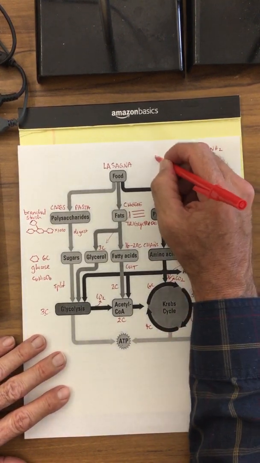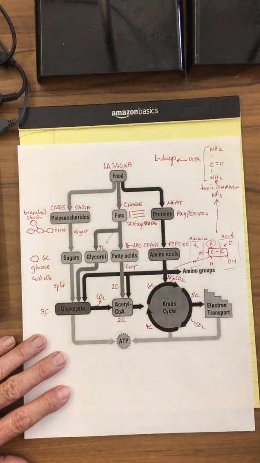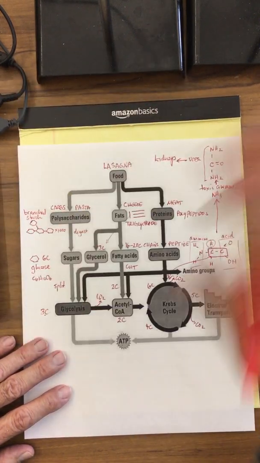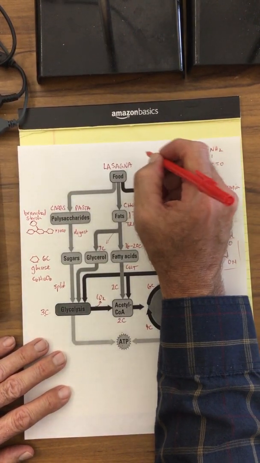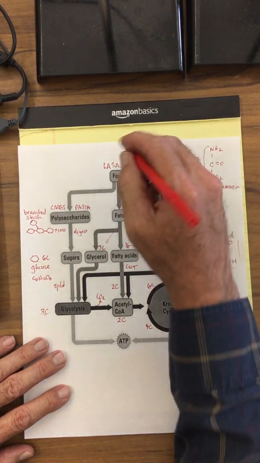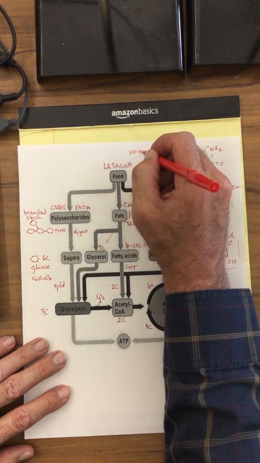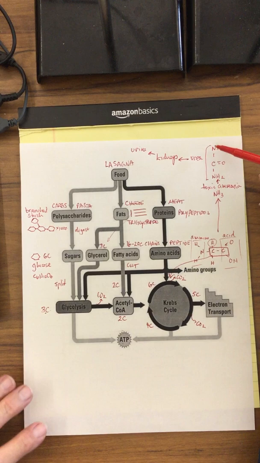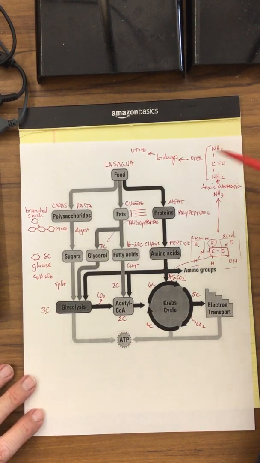This urea then goes to your kidneys via what's called the ureter, and then that goes to the bladder. So now it's in your bladder, and then it comes out your urethra in the form of urine. So our urine contains a toxic nitrogen compound called urea, which came from the ammonia, which came from the amino acid, which comes from your proteins.